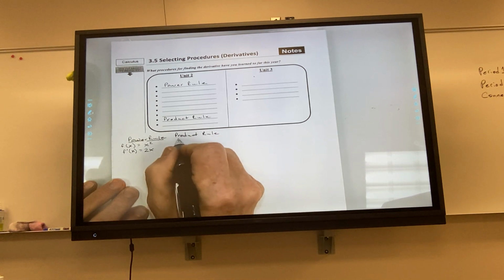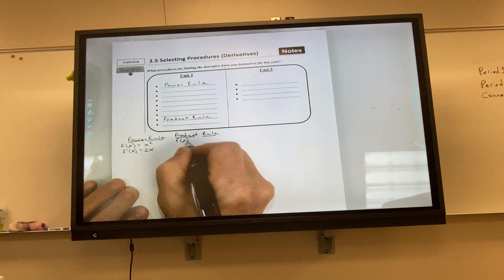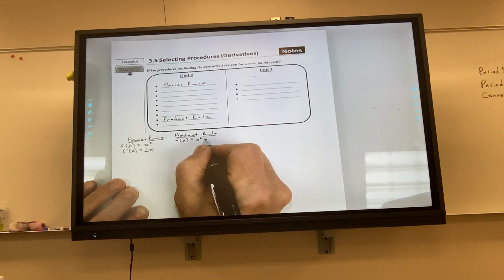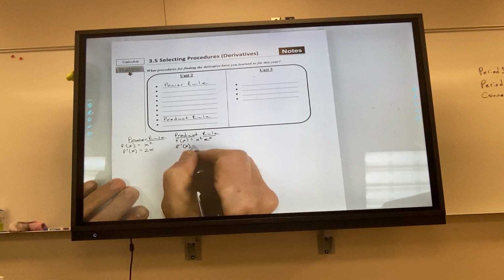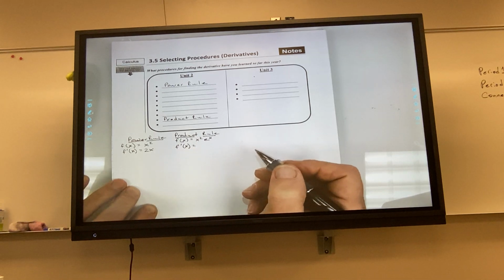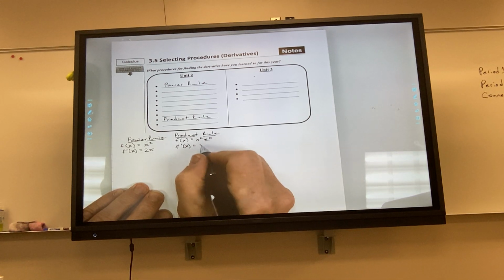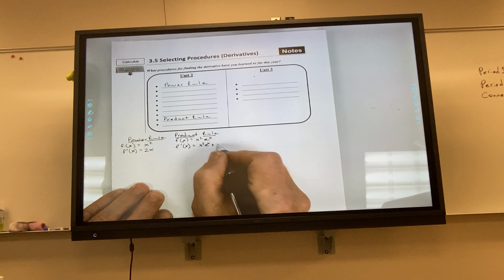Right here, this is what I thought, f of x equals x squared e to the x. So its derivative, Ben, would be what? X squared times e to the x plus 2x e to the x.